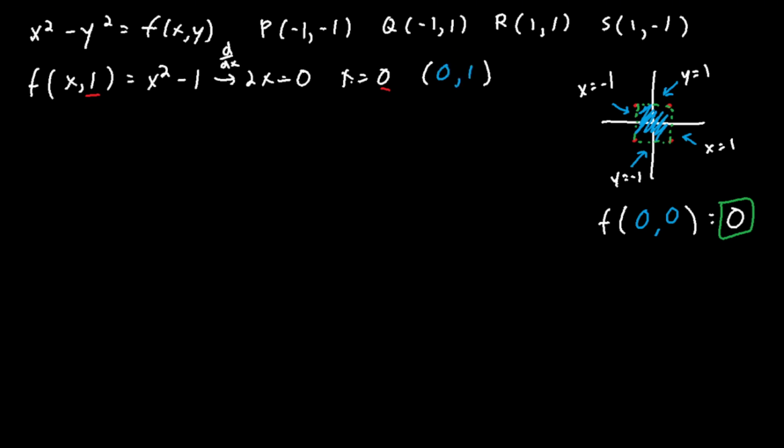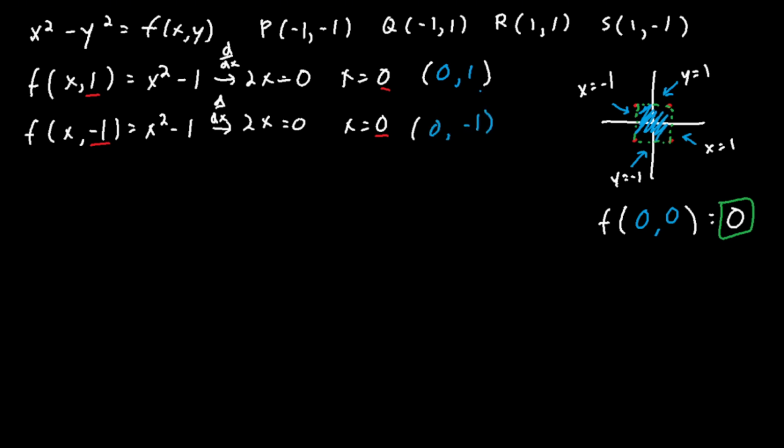We used 1 for our y value, and we found 0 for our x value. Okay, let's parameterize the next thing. Let's do y equals negative 1. Same thing, you get still x squared minus 1. Derive this again, you get 2x equal to 0. X simply equals 0 again. But for this problem, the y value that we used was negative 1.